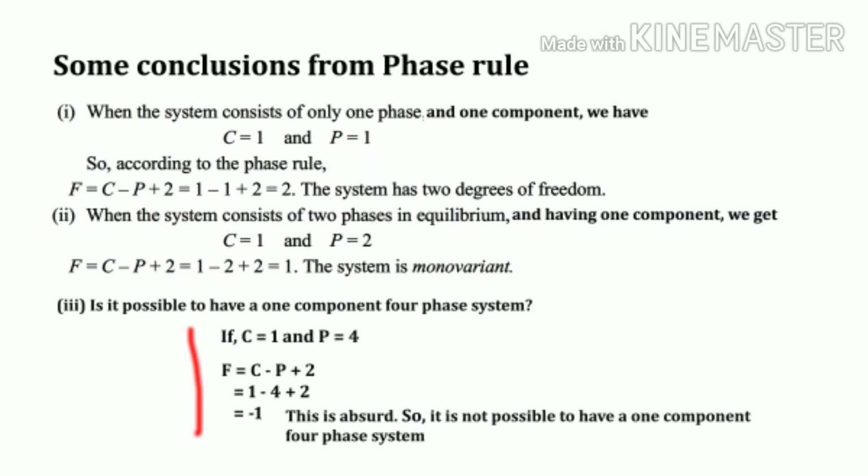So this implies F is equal to minus 1, and this is absurd because the value of F cannot be negative. So it is not possible to have a one component 4-phase system, which can be proved mathematically, and in actual practice also it is not possible.